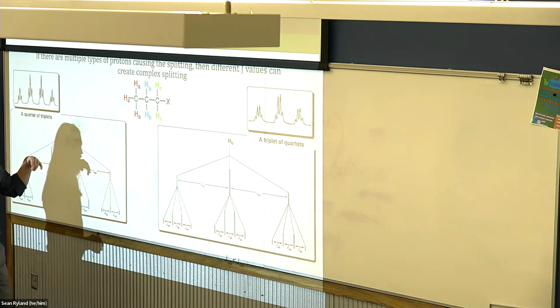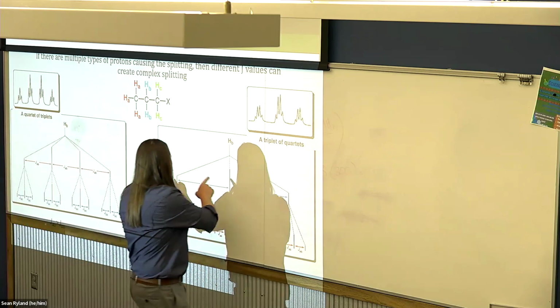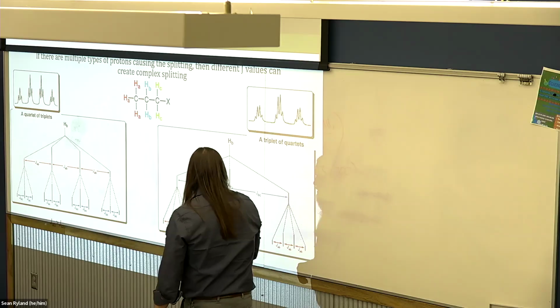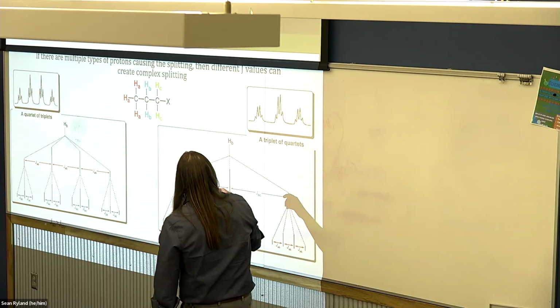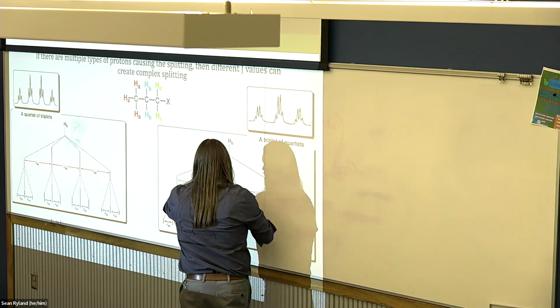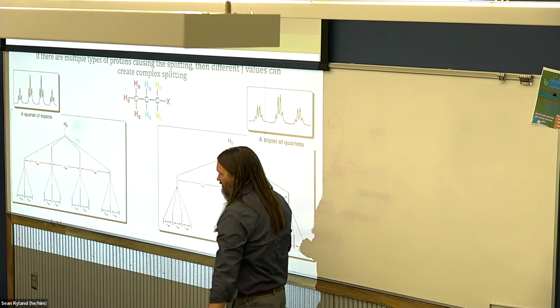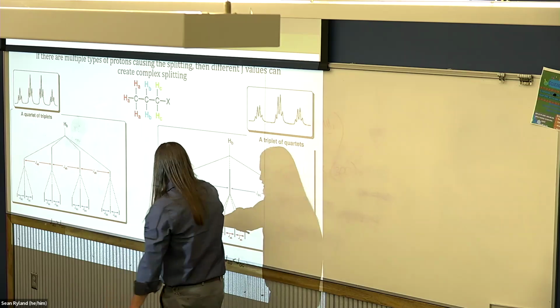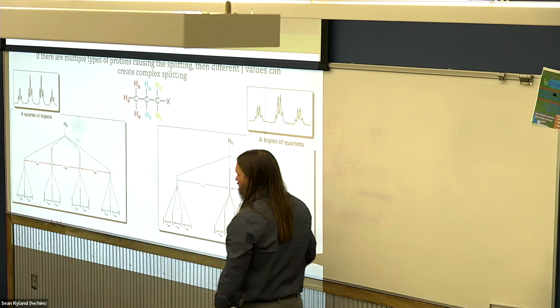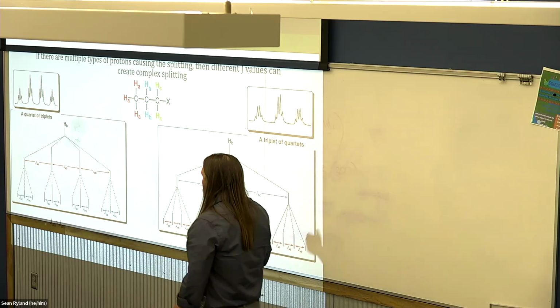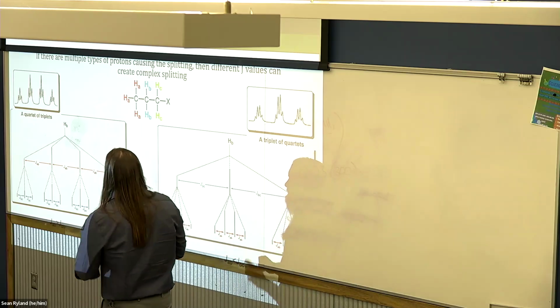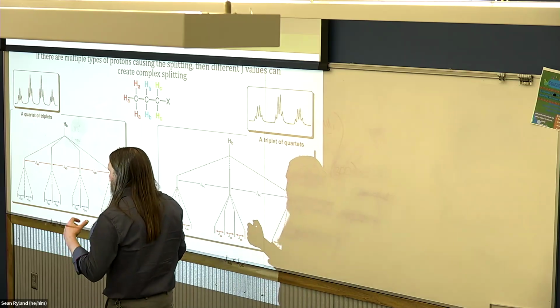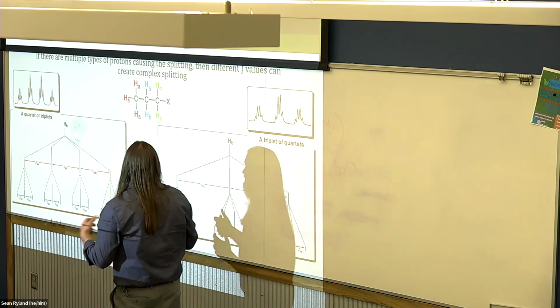On the other hand, if it's backwards, if the splitting between B and C is bigger than A and B, then you're going to wind up with a triplet having these be furthest apart, and each line from the triplet is going to be split into a quartet. Remember that a bigger difference in energy is going to cause bigger coupling constants.